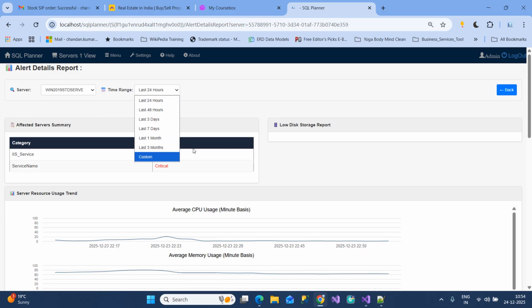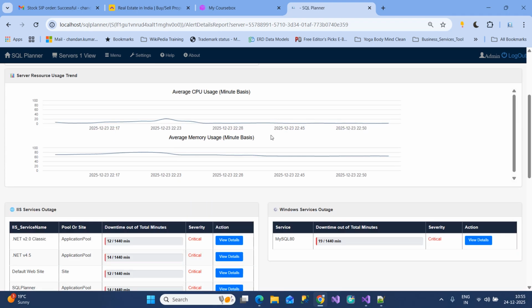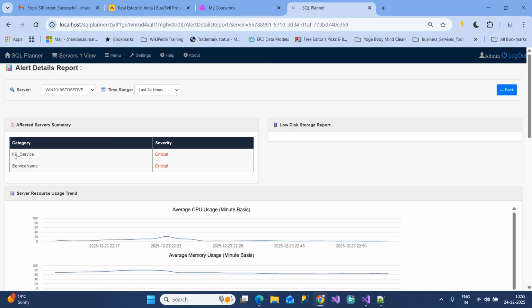If you want to see the server health for a specific time duration, you can apply the filter, and it will show you the detail. And here it shows the server CPU usage. Nothing is wrong with the CPU, because we see that there is a problem with IIS and service.